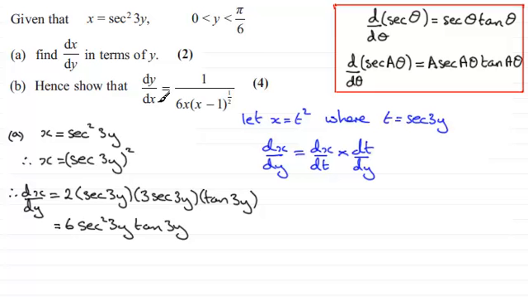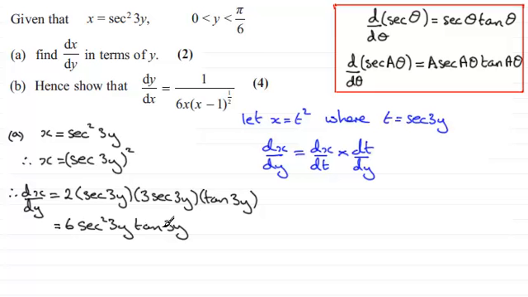But I think we've got a little bit more to do than that, because we've got dx dy in terms of y and we've got to get it in terms of x. Well, looking at what we've got at the moment, I can see that sec squared 3y is in fact x. So really here we've got 6x. It's just a question of trying to convert tan 3y in terms of x.